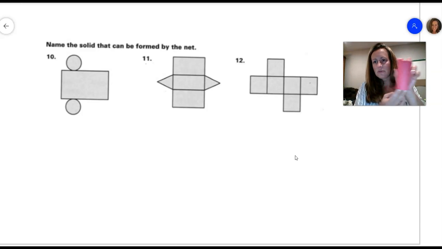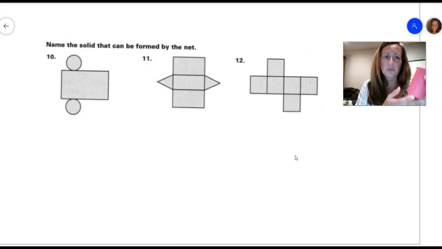And you would have, what would you have? Well, it's not actually a prism, even though it does have 2 congruent parallel bases that are circles, but just because it's not connected by rectangular faces, it's not considered a prism. It has its own special name. It's a cylinder, and you probably knew that.